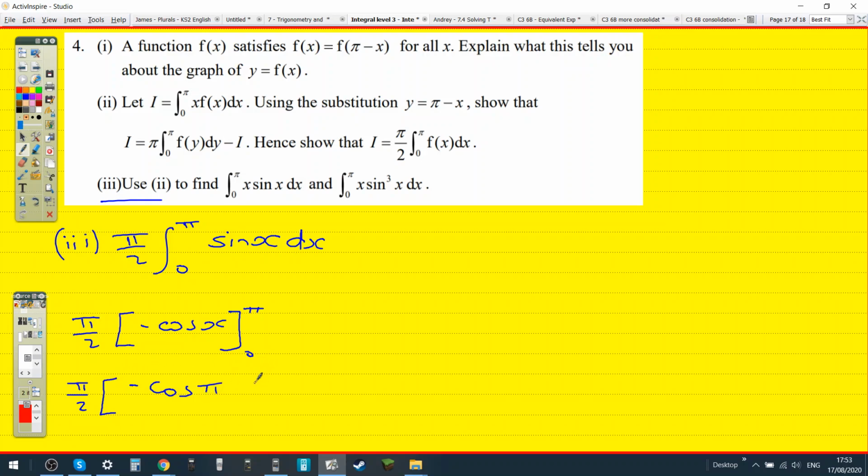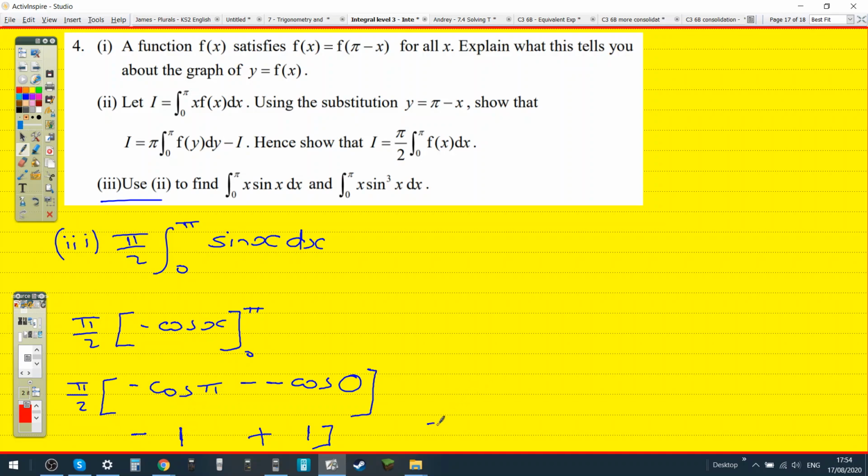Okay. Minus cos 0, which is 1. But I think it's minus minus, is that right? Oh yeah, it is. So minus cos pi is the question. Minus 1. So that would just be 0.